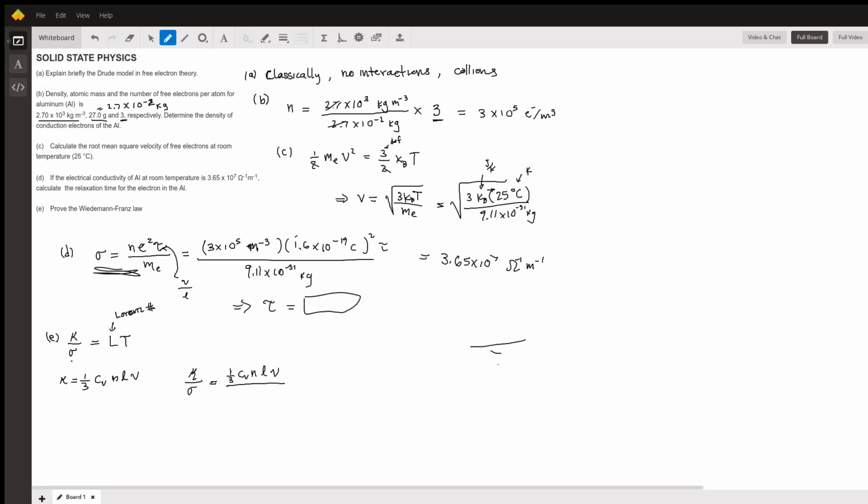So if we plug in, then we have n e squared over m. Meters, this is backwards, so it's length over velocity. Simplifying, the lengths cancel and the n's cancel. So we have 1/3 C_V e squared over m, velocity squared.